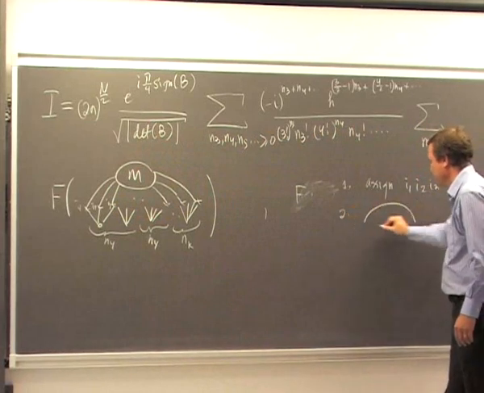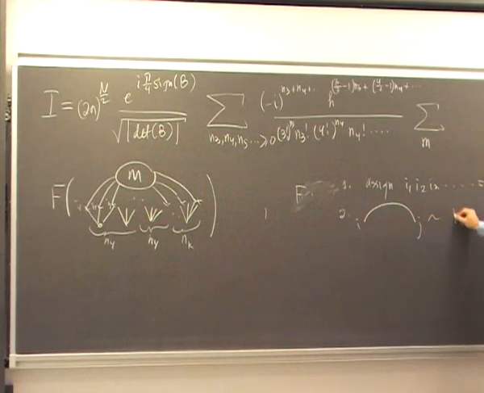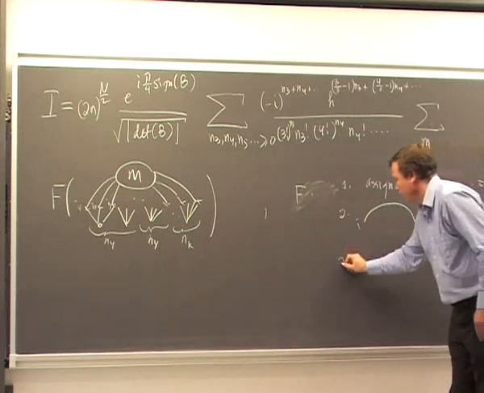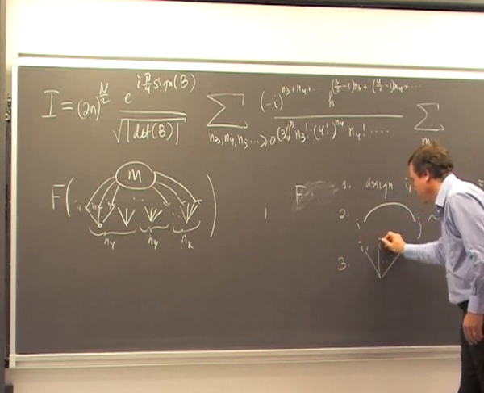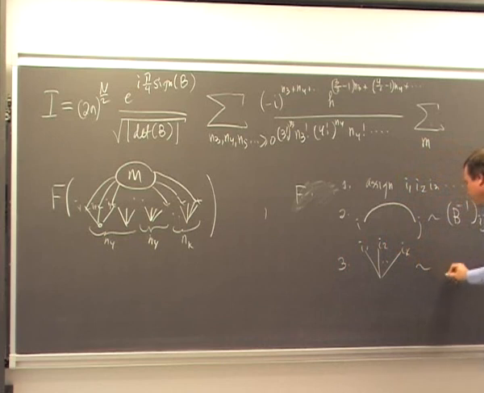Then to each arc ij you assign b inverse ij, and then to each vertex I1, ..., Ik you assign the weight b I1...Ik.